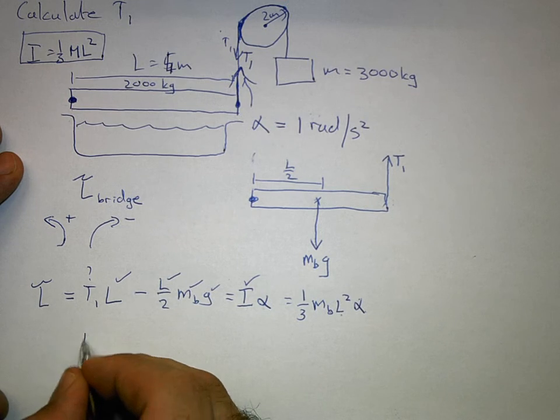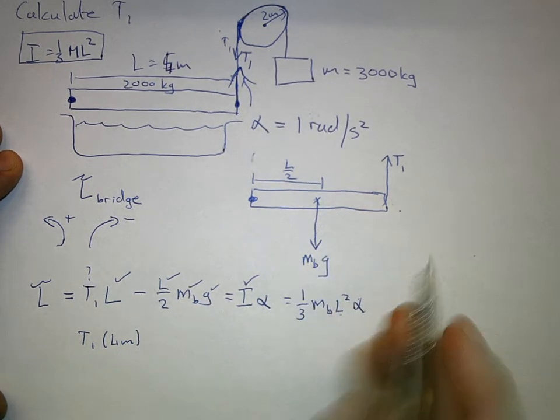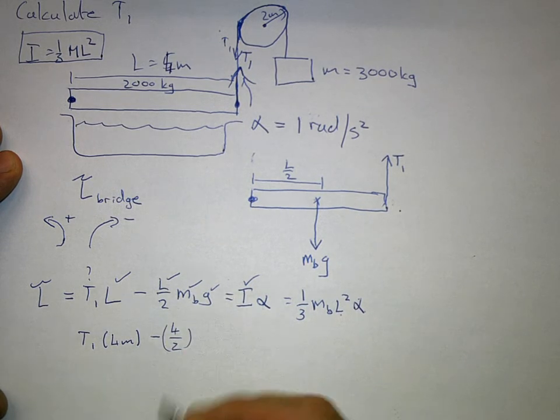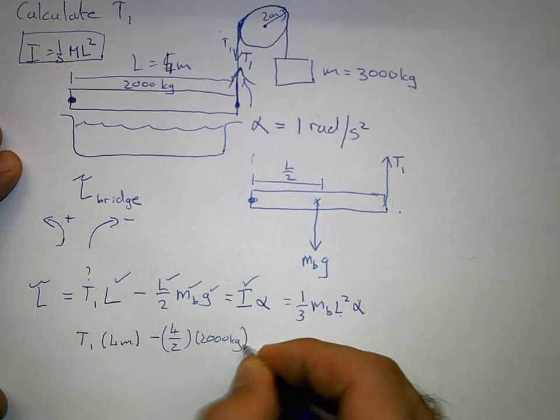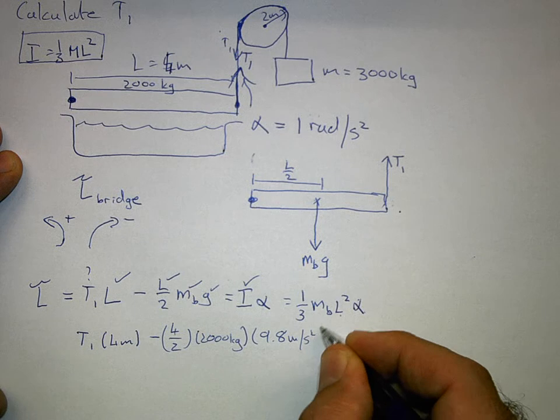So we've got T1 times 4 meters, that's the length of the bridge, minus 4 divided by 2, so that's half the length, it's 2 meters. Mass of the bridge is 2,000 kilograms, gravitational acceleration is 9.8 meters per second squared.